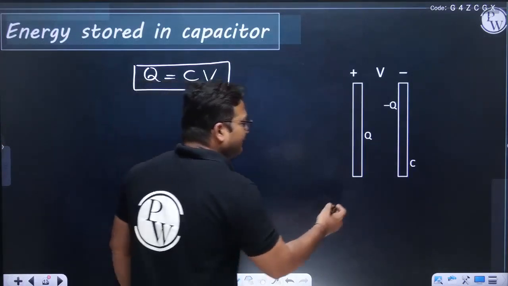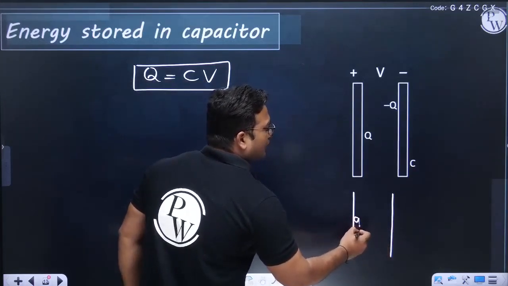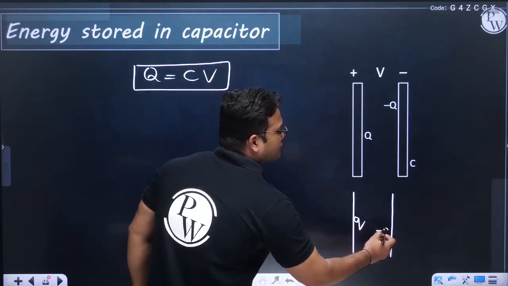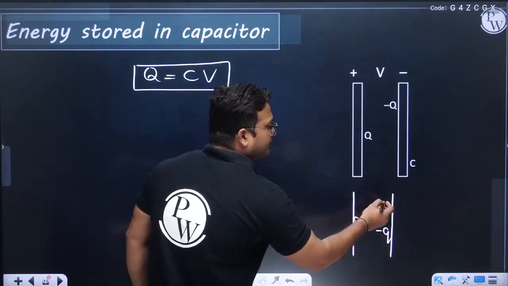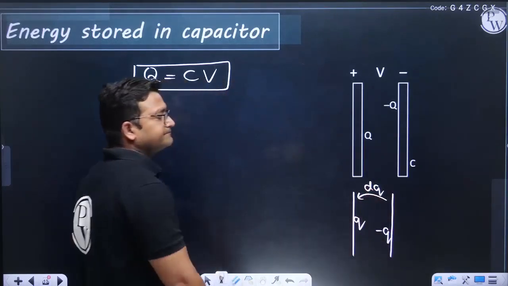So in some intermediate stage, I can imagine this plate has charge small q, this plate has charge minus q, and another dq charge is being transferred.